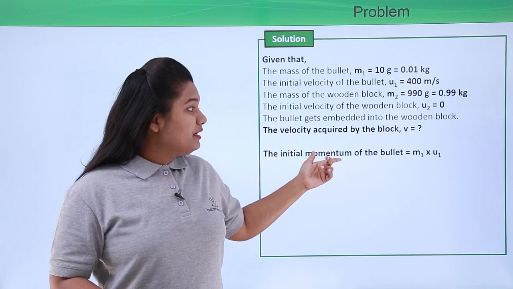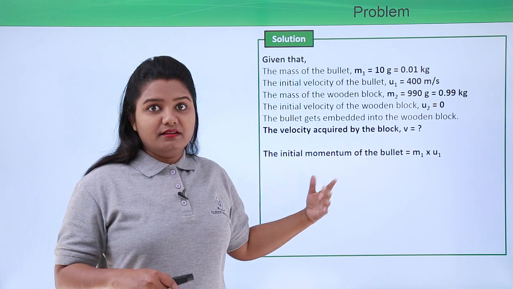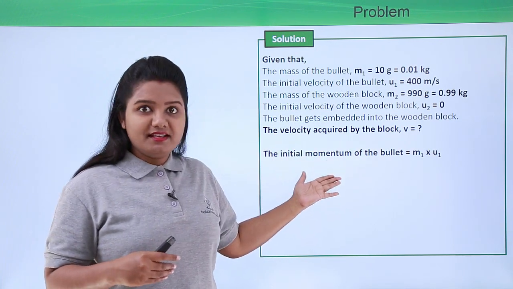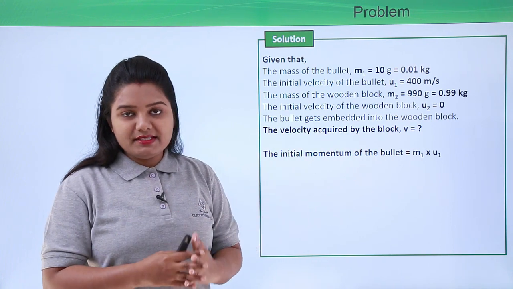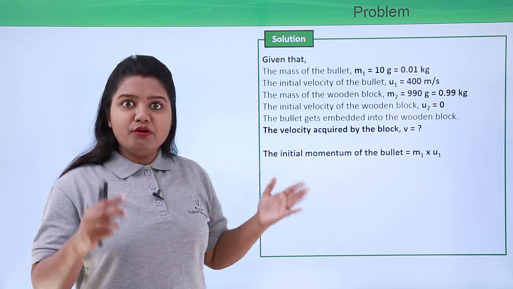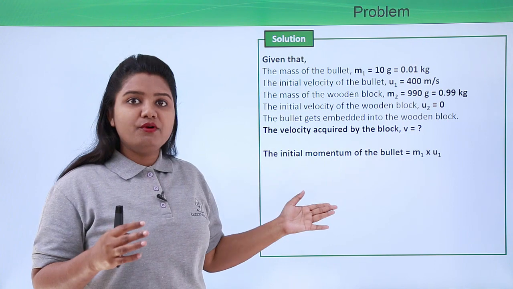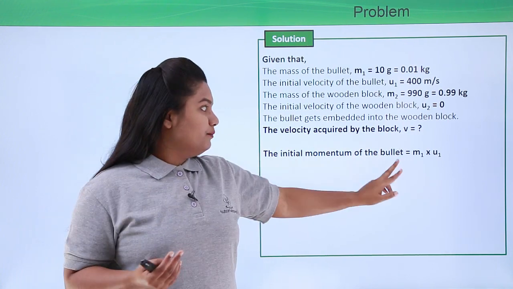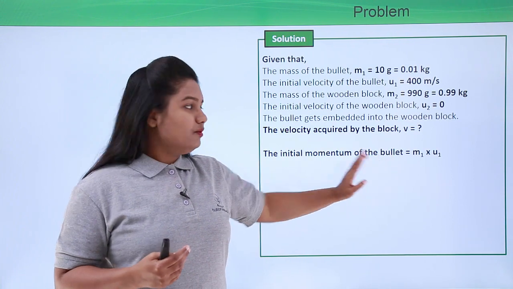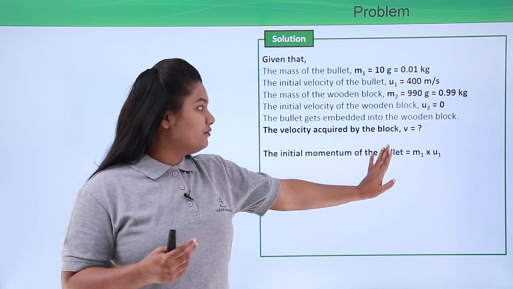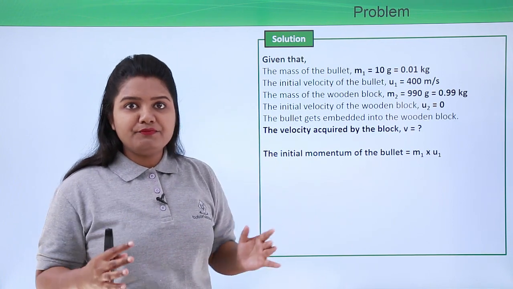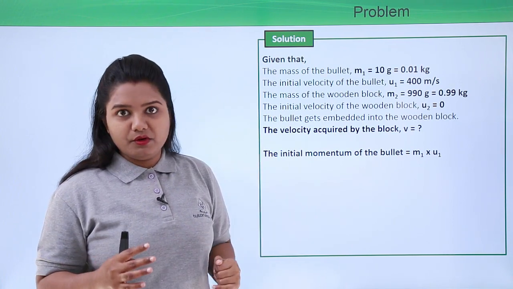Now the initial momentum of the system, because the block had no momentum at all since it was at rest, is solely due to the bullet itself. So the initial momentum of the bullet serves as the total momentum of the system before the bullet strikes the wooden block.